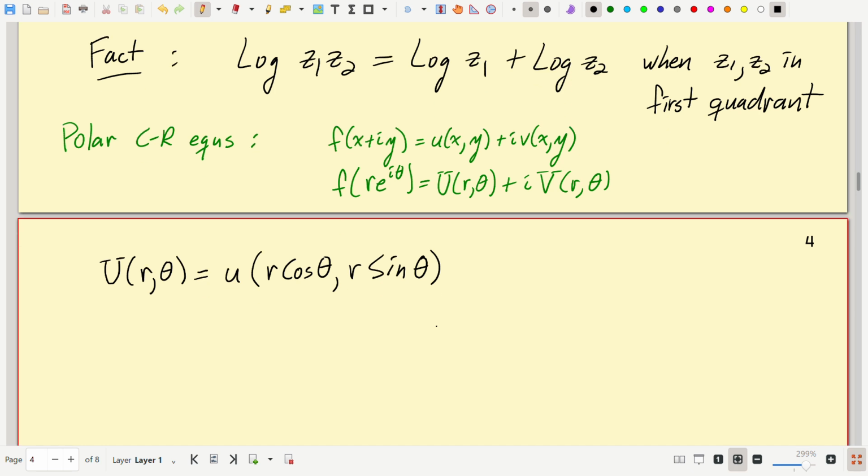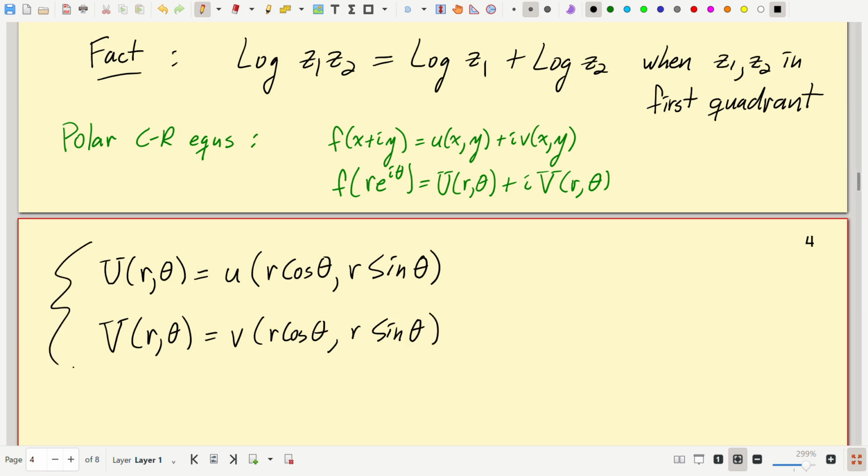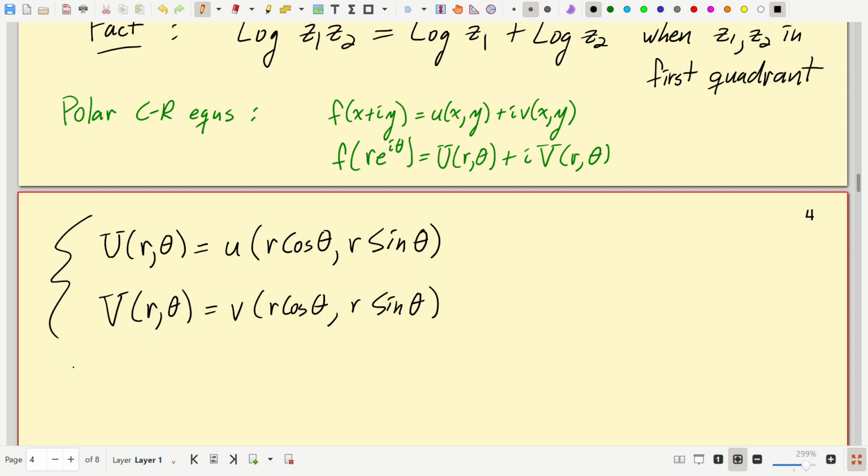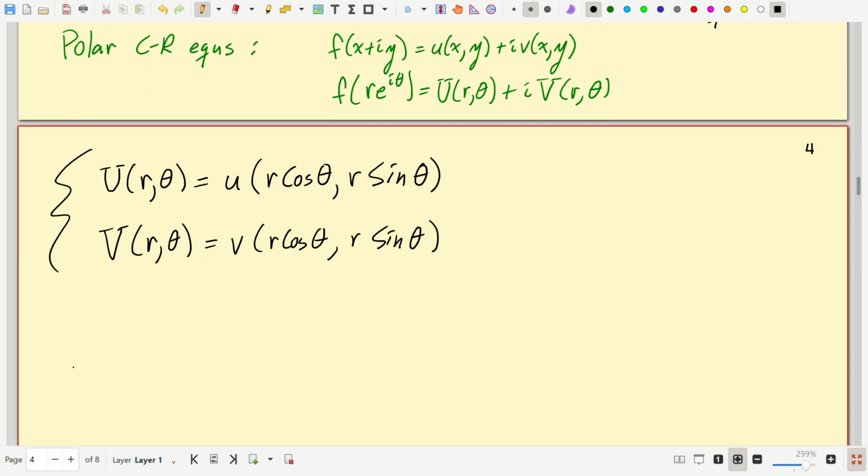And V of r theta would be little v of r cosine theta, r sine theta. And so now I'm going to use the R2 to R2 version of the chain rule.